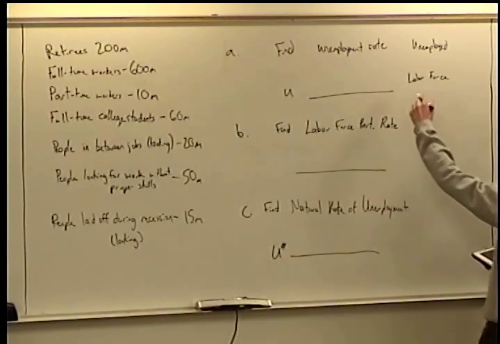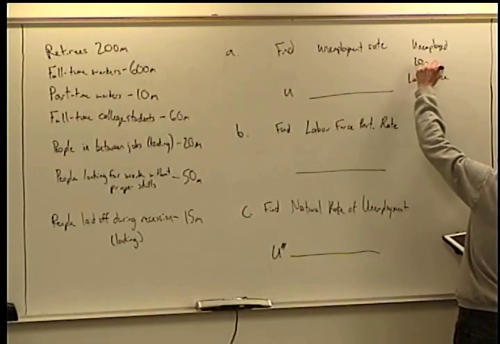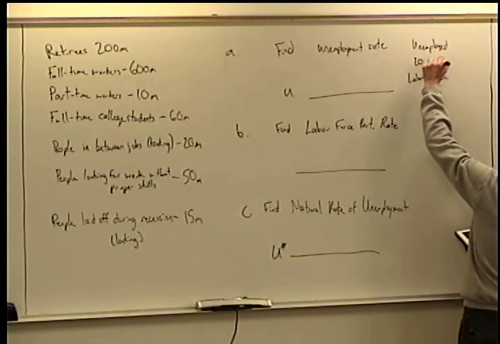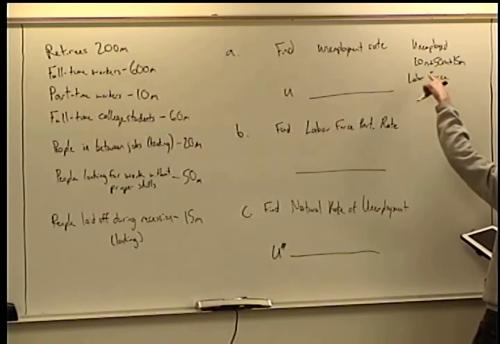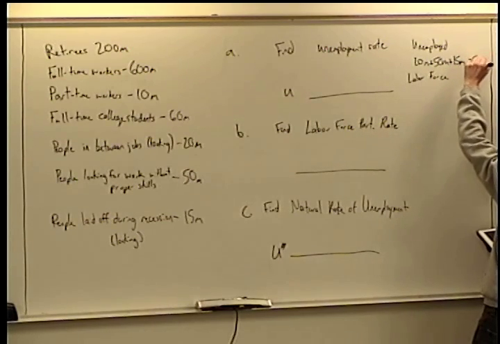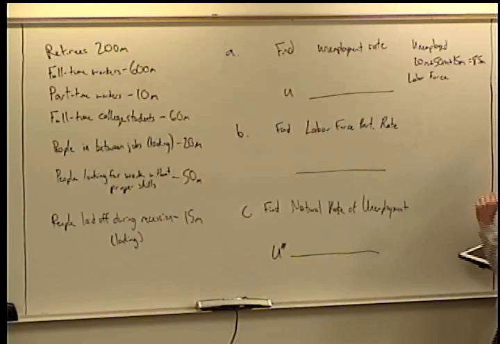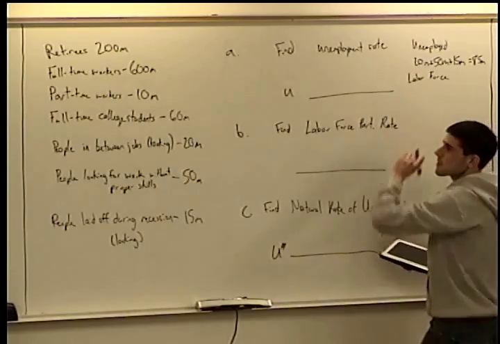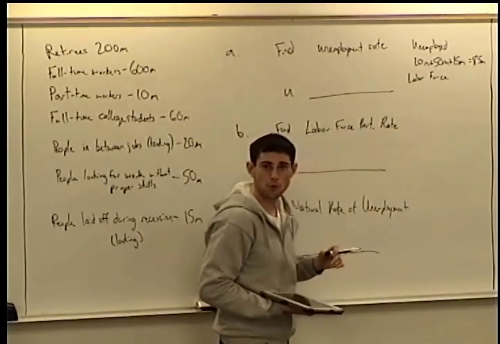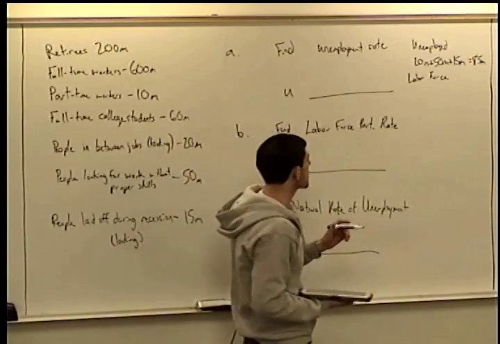So our unemployed is going to consist of 20 million plus 50 million plus 15 million. That's 70, 85. So we have 85 million people who are unemployed in our economy. Our labor force consists of people who are unemployed plus employed.